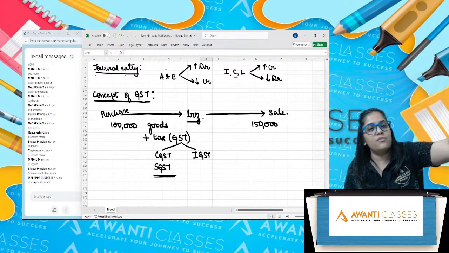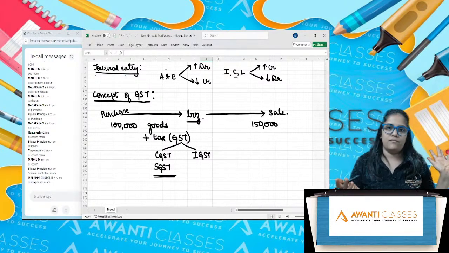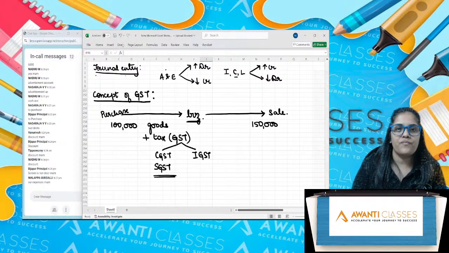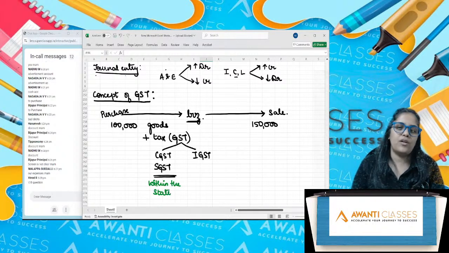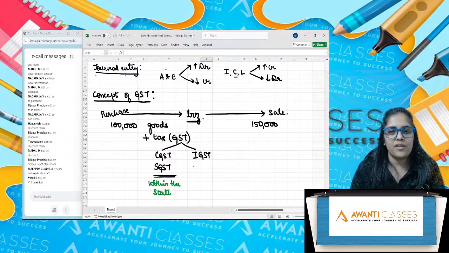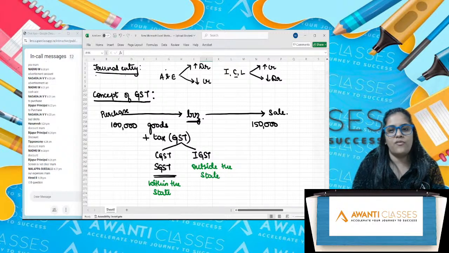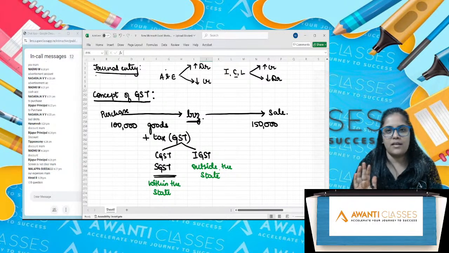Though you live in Karnataka, if you are purchasing from West Bengal, then you have to pay only one tax, IGST. Okay. So, if you are purchasing from within the state, then you have to pay two types of tax, CGST and SGST. But if you are purchasing from outside the state, then you have to pay only one kind of tax, that is IGST. Am I clear till here?